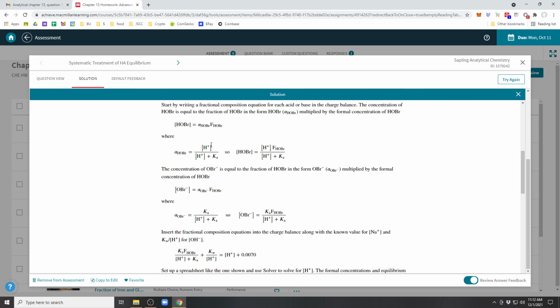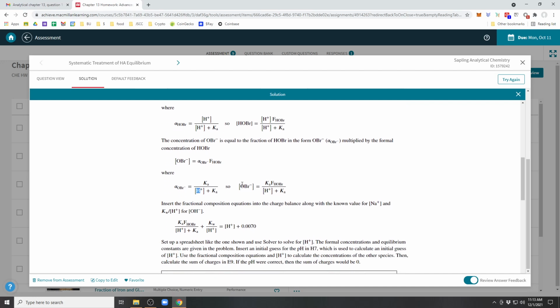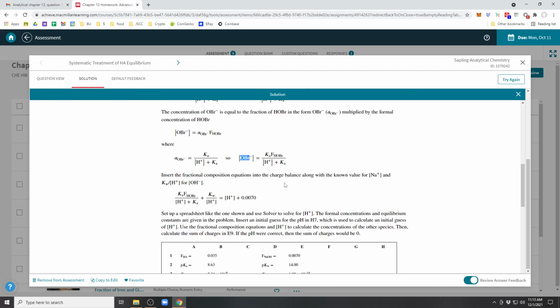But anyways, it's Ka over the concentration of the acid, H plus Ka. And again, we substitute that in place of alpha, and that will give us the formal concentration on the top here, equals that concentration of the OBr minus that dissociated acid, the conjugate base that gets made from the dissociation of this acid.